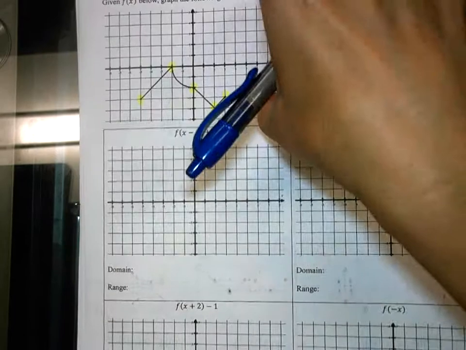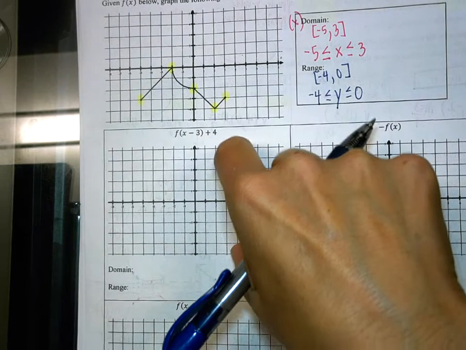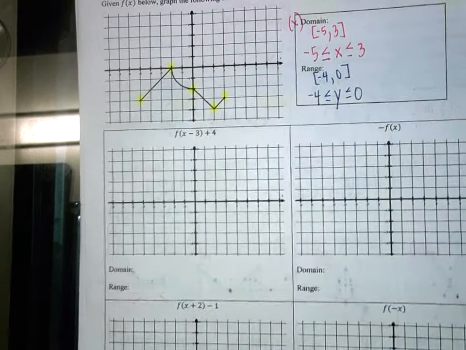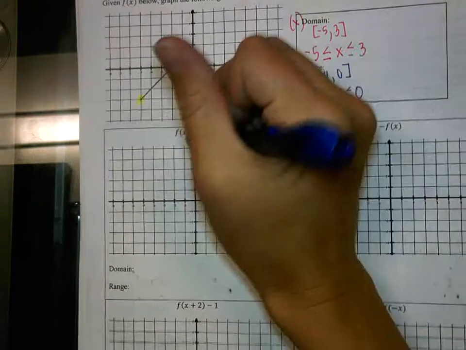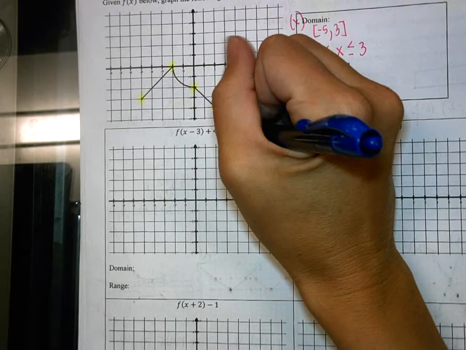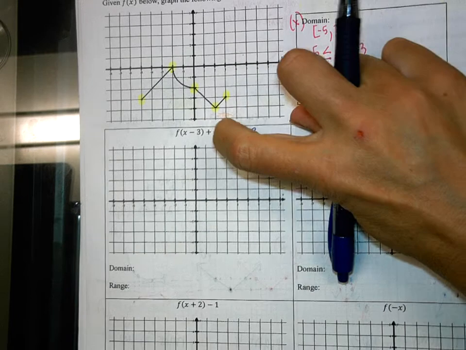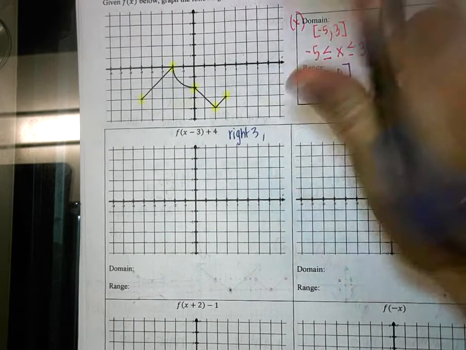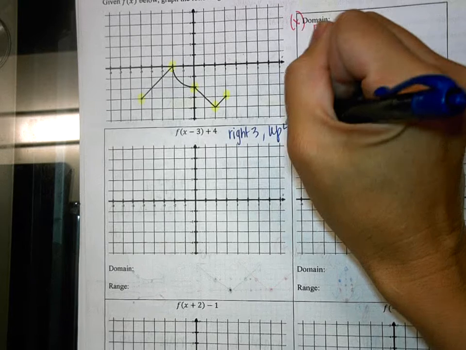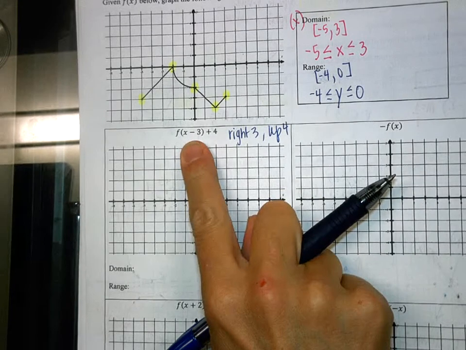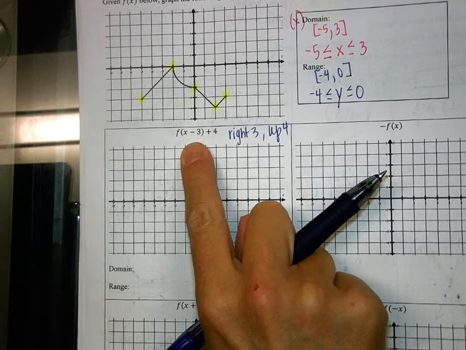So if this is f of x and this is f of x minus 3 plus 4, what am I going to do? On the x value, we are going to go right 3, and on the y value we're going to go up 4. Okay, so this is telling us translate it right 3, up 4.